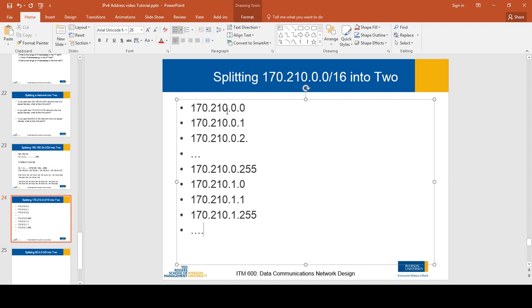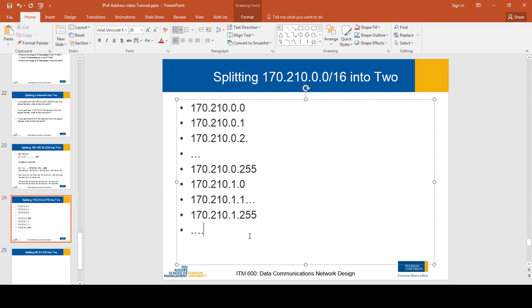So for 0 on the third octet you have 0 to 255, all possible values in the fourth octet. For 1 in the third octet you have 0 to 255, and for 2 in the third octet you have 0 to 255 on the fourth octet. And in this way you can keep going, and the third octet would be 255 at the end, and for 255 on the third octet you will have 0 to 255 in the fourth octet.